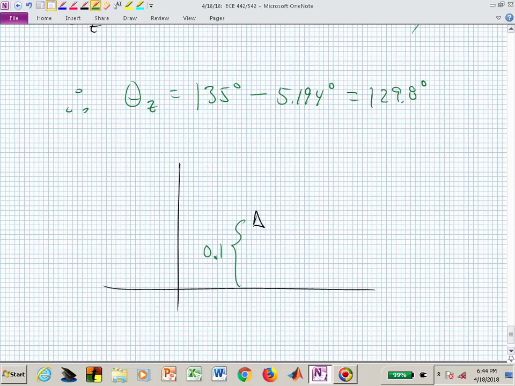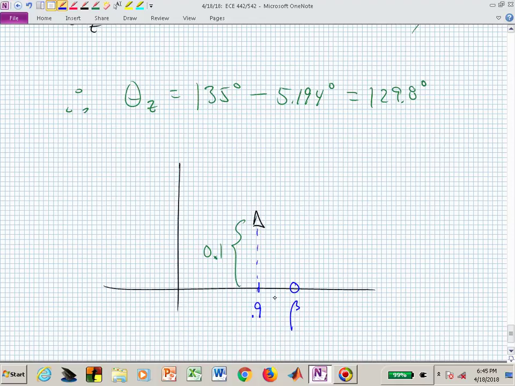It's to the right of the triangle, isn't it? Because 130 degrees is more than 90. So that beta has to be over here. And this point right here is 0.9.